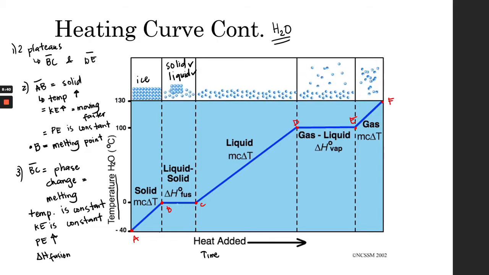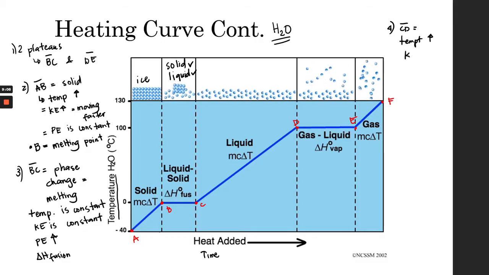This will continue to happen as we keep adding heat until it reaches point C. At point C, the temperature then will start to increase again. So number 4 is the segment CD. As you can see here, the temperature is increasing at CD again.